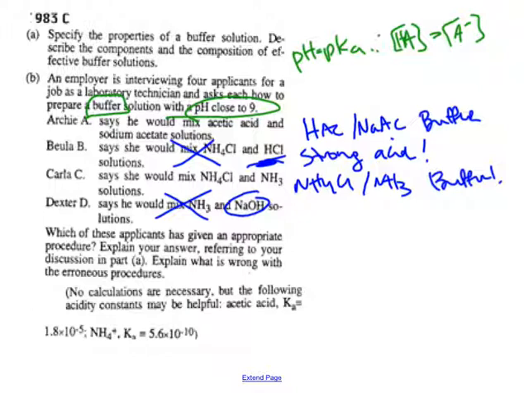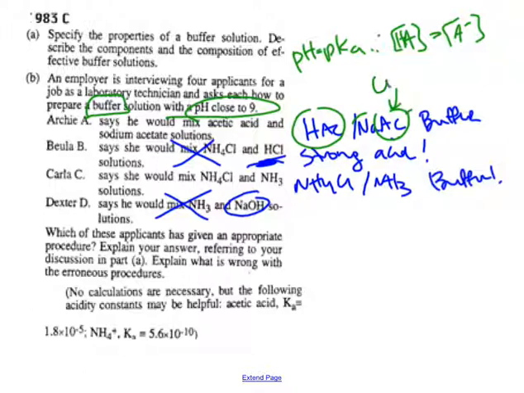Oh, Lord have mercy. Okay, so we're going to hire Carla because she's choosing a basic system, which puts us in a better position mathematically to make molarities that are reasonable. We could theoretically still get a basic system from him. Remember, this is the ratio of AC minus to HAC.